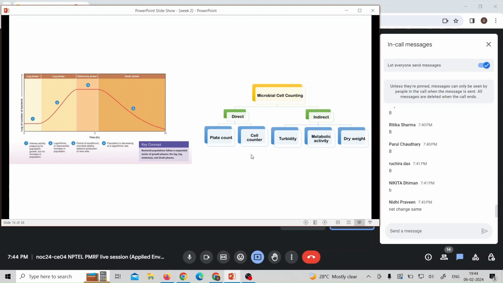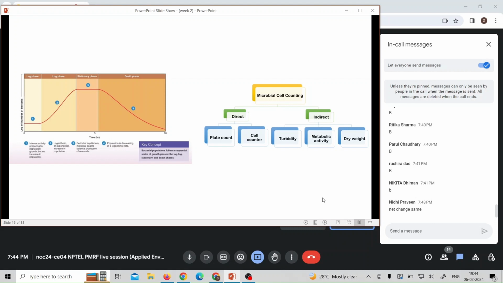And a plate count, where you do serial dilution first and then plate them using a streak plate technique and see how many individual colonies are present. In that way you can quantify that after this dilution, in this ml, this many microbes are present. So in my initial sample, how many microorganisms will be present? Using that simple concept, it's going to be a plate count method or a cell counter method, in both of which you see the cells and count them directly.